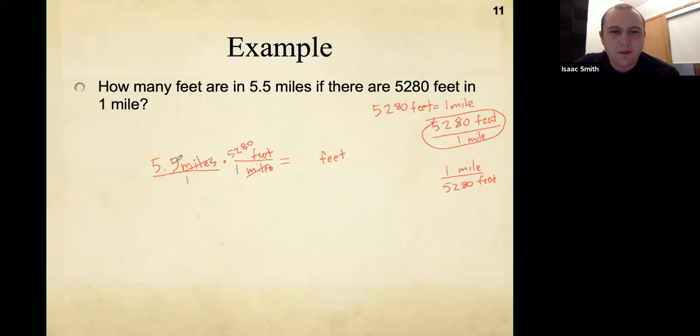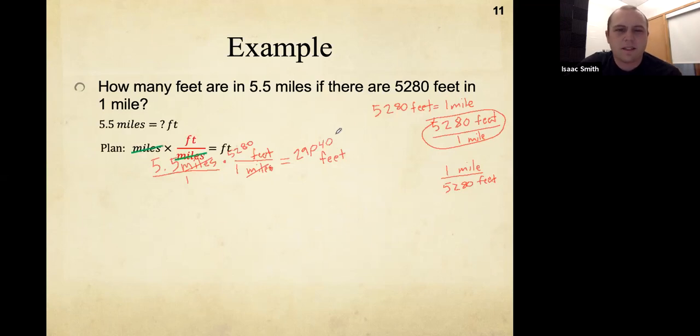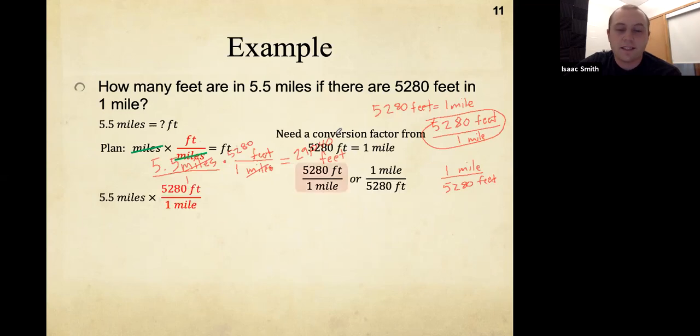So if I do 5.5 times 5,280, we get, sorry, I didn't leave enough room here, 29,040 feet, okay? So again, we're just walking through the plan here so that you can see it when you're reviewing the PowerPoint on your own.